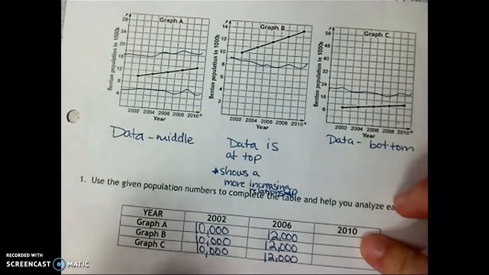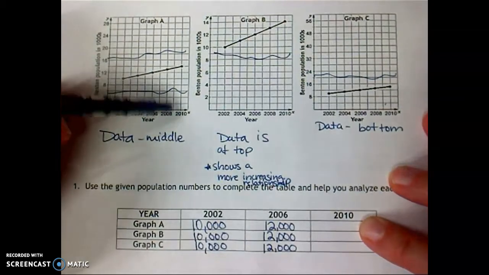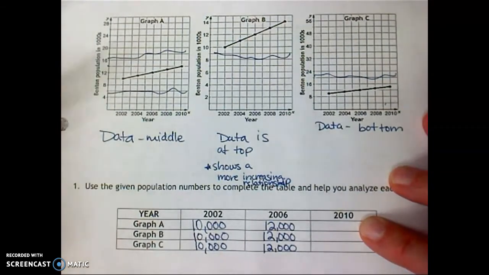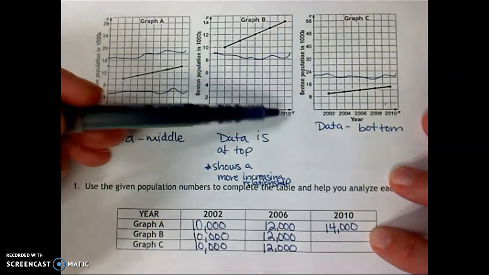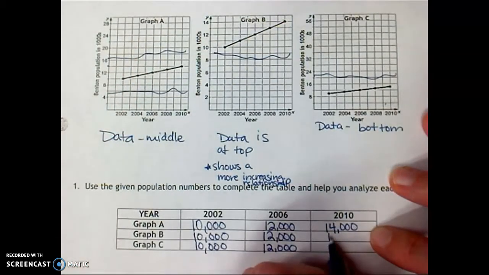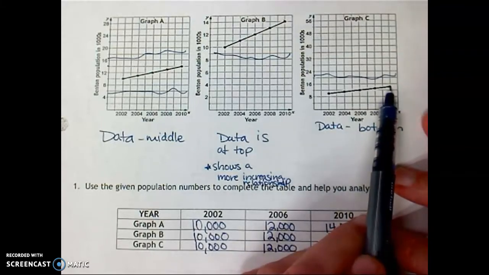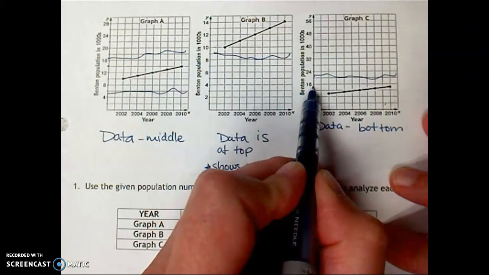Okay, 2010. 14,000. 2010. And then on graph C also, it's going to hit right there.